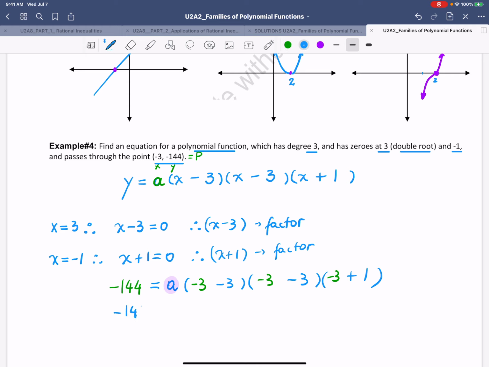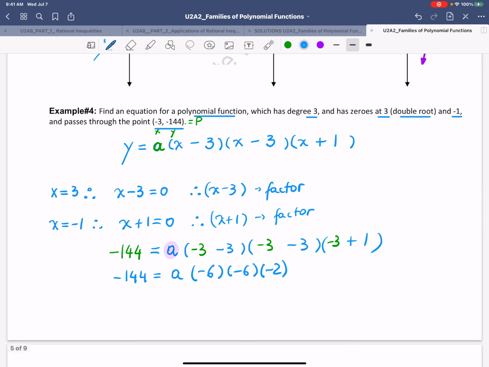So we have negative 144 equals, I will leave a here, and I will simplify inside the brackets, obviously, just like BEDMAS suggests. So that's negative 6, negative 6, negative 2. So that would be 36 times 2, that's 72 negative, equals negative 144. Divide both sides by negative 72.